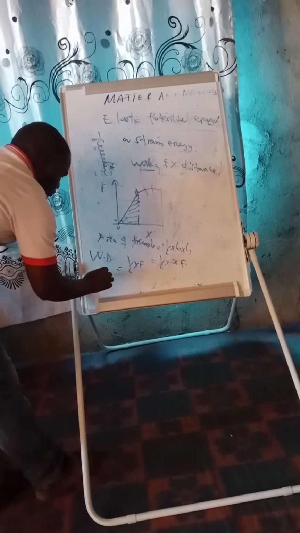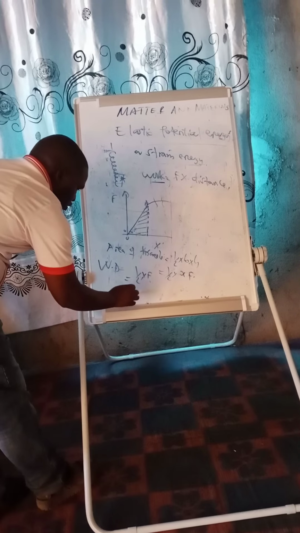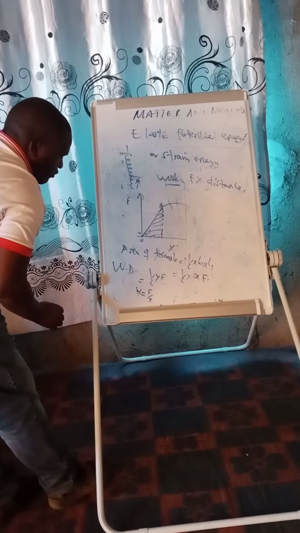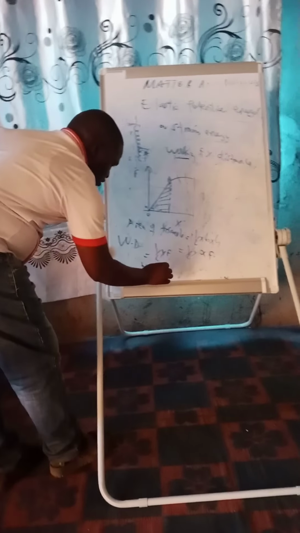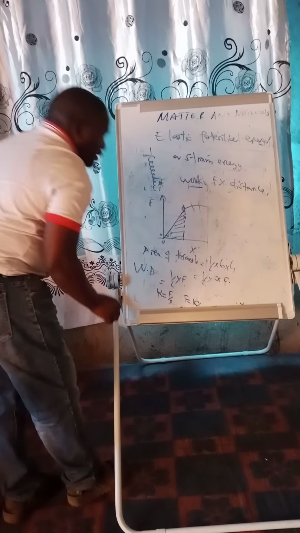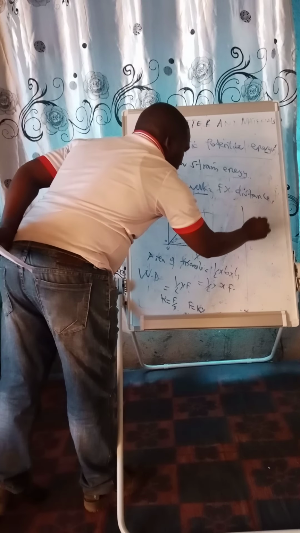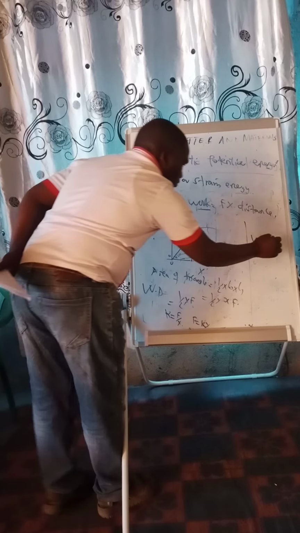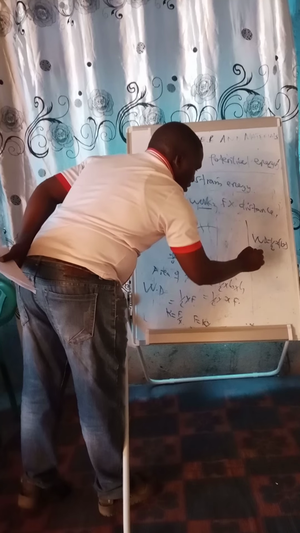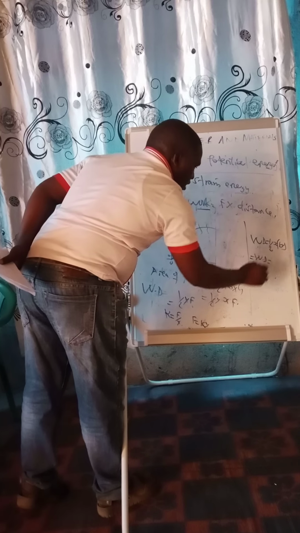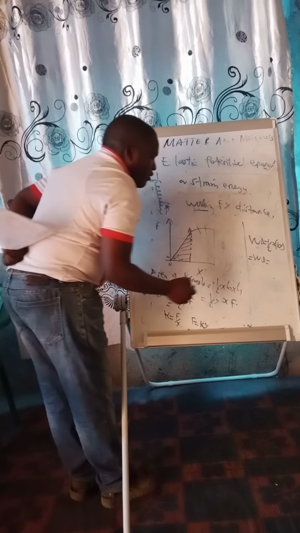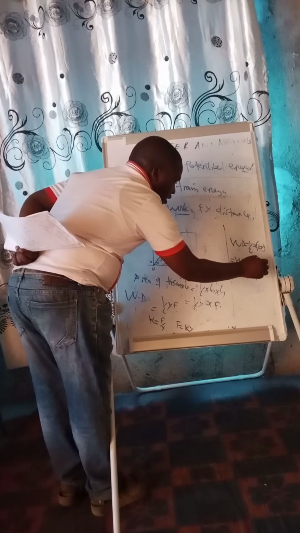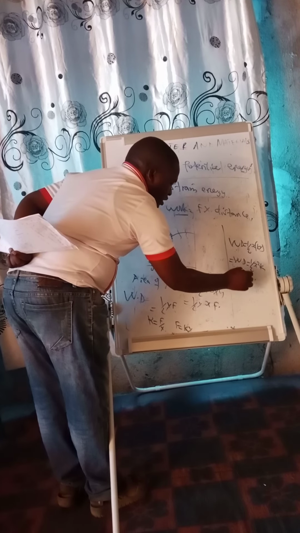Remember that from force constant, K is equal to force over x. So force is equal to Kx. So work done is equal to a half times x times force, but force is equal to Kx. So our new formula for work done, involving force constant or stiffness, is a half times k times x squared.